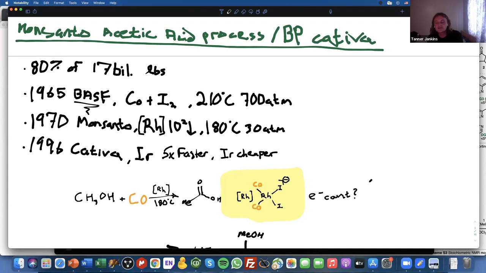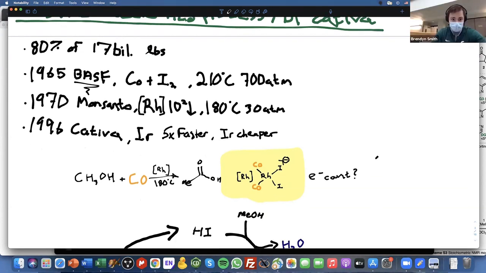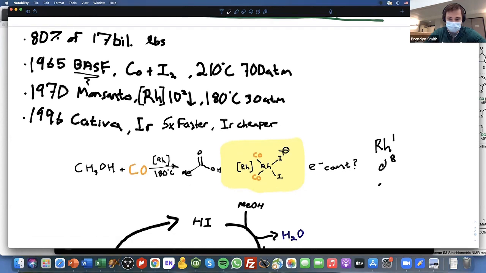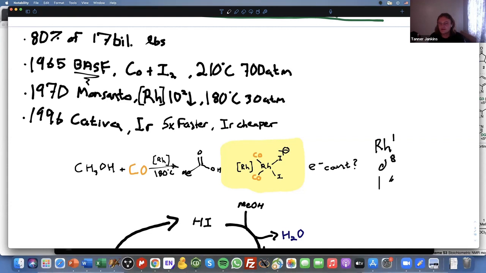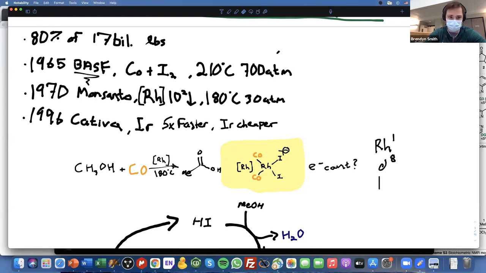Brendan, do you want to help us out here with the electron count for this rhodium complex? So is it D8, rhodium 1? It's anionic, and then should be... It'd be 18 electrons, right? Why do you say 18? So you have a D8, and then you have 4 2-electron ligands, but then you have the negative charge there.